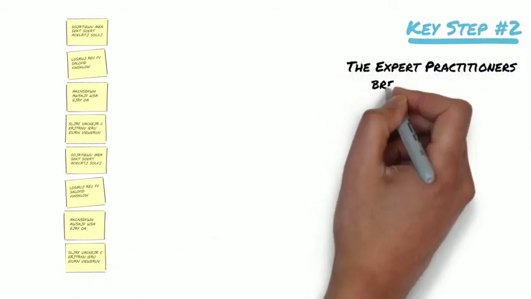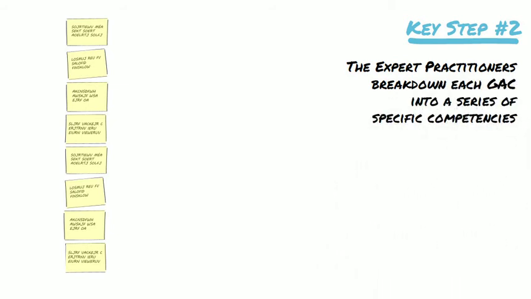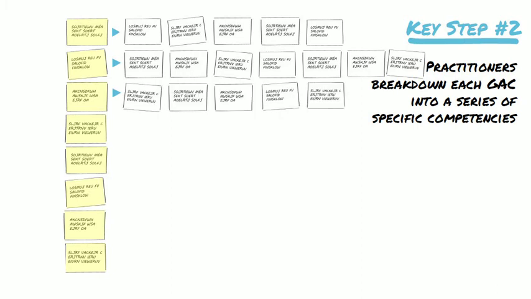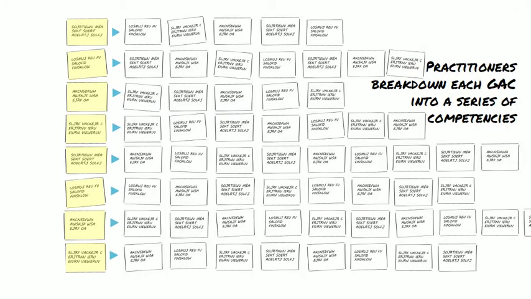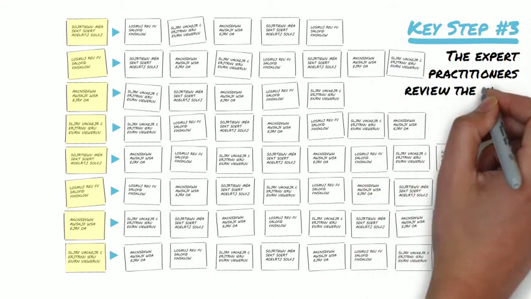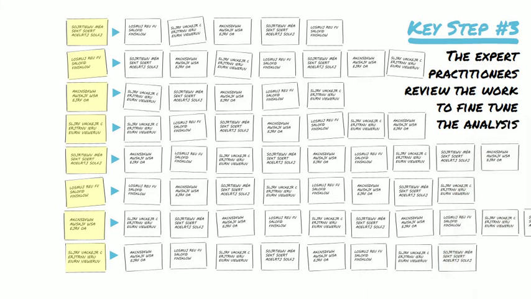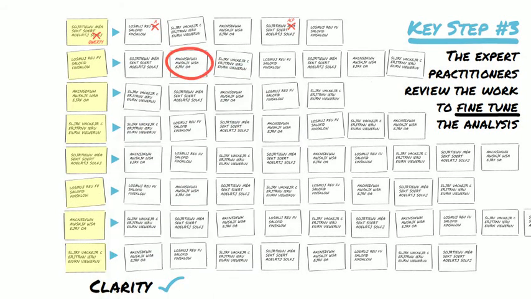The expert practitioners then break down each GAC into a series of specific competencies. The third key step involves the panel of expert practitioners reviewing the work to fine-tune their analysis. Is each statement clearly worded? Are there redundancies?